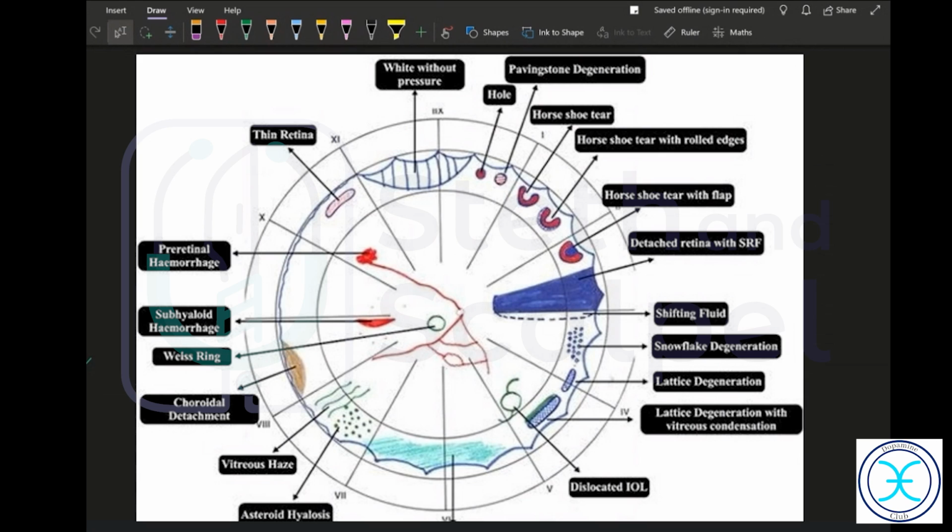Other than this, there are two important systemic conditions you need to touch upon: thyroid eye disease and ocular trauma, what happens to the conjunctiva, cornea, eyelids, eyelashes, and the various types of injuries you can have due to trauma.